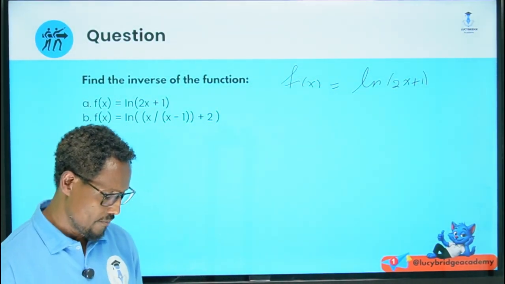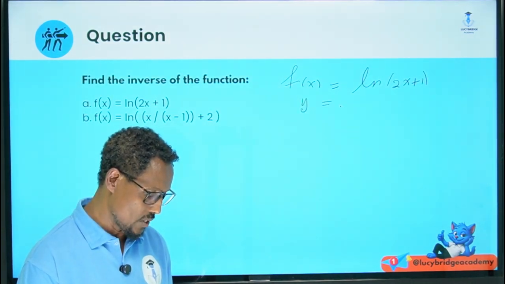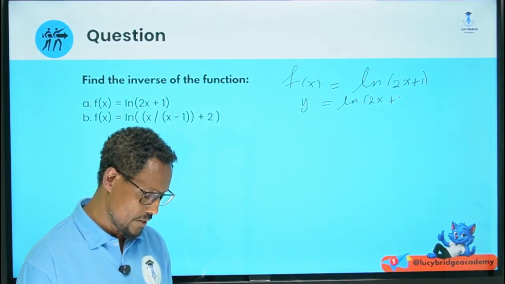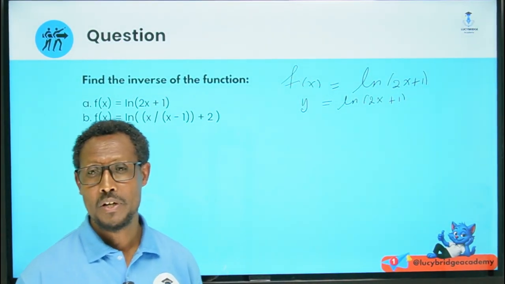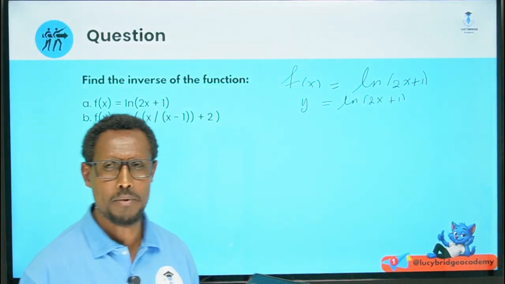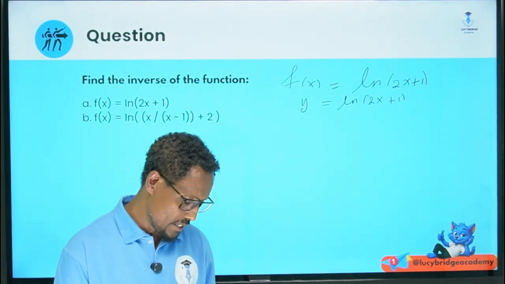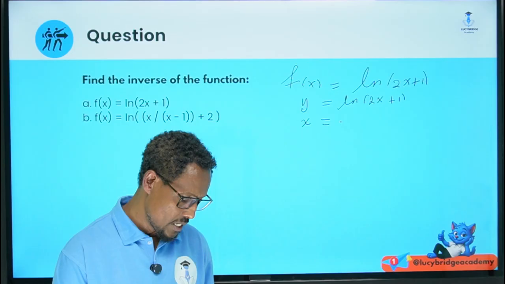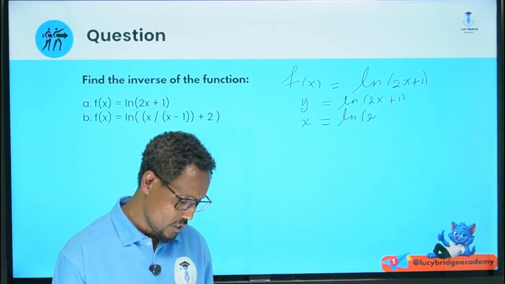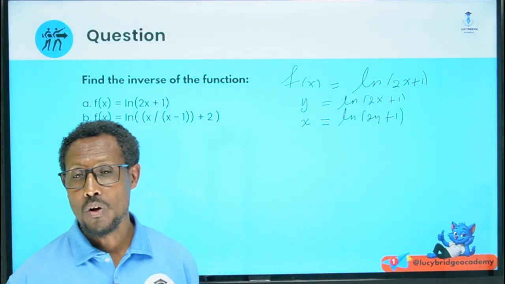As we know, first write y for f of x, which is equal to ln of 2x plus 1. Okay, what is the second step? Interchange x and y, swap x and y, x which is equal to ln of 2y plus 1. And the next step, solve for y.